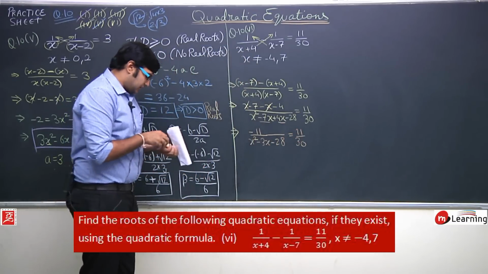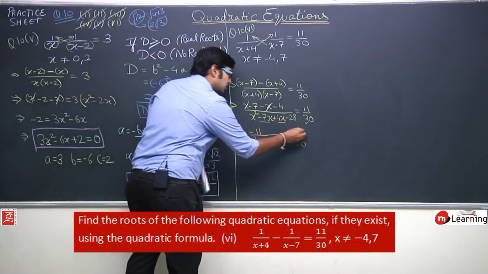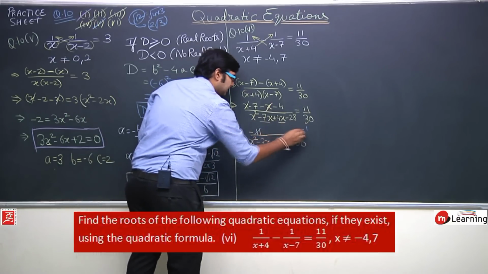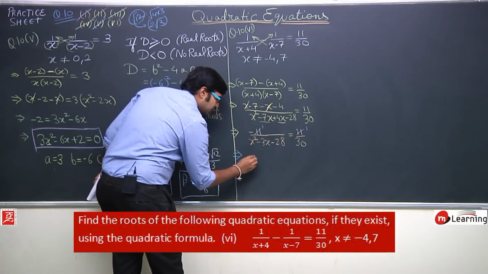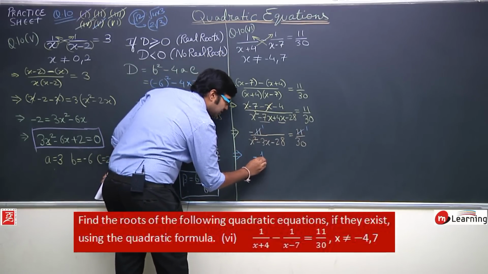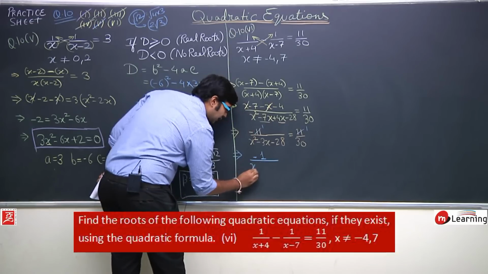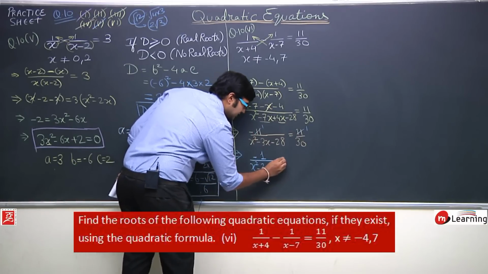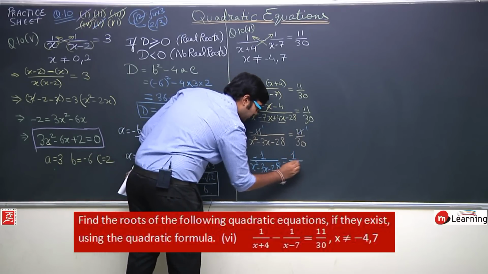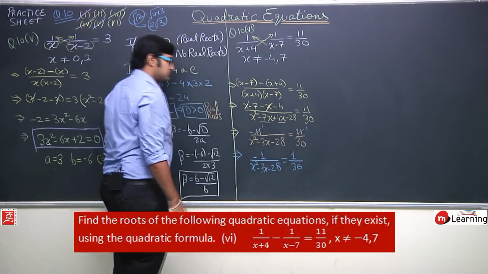So you will find that I can cancel this 11 and 11, and further this equation will become minus 1 upon x square minus 3x minus 28 is equals to 1 upon 30.